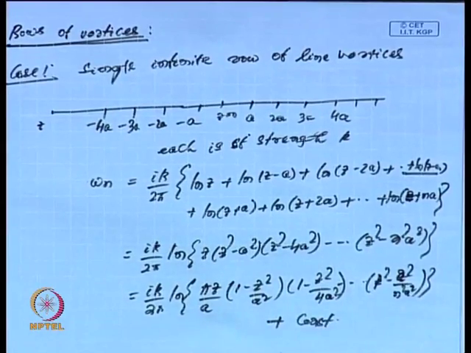Plus a constant I can write, because this constant will come because of this one. Suppose I say I have a term pi by a, then I have a term log pi by a, here I will have a term a square, then 4a square. All these things I can put as a constant kn.